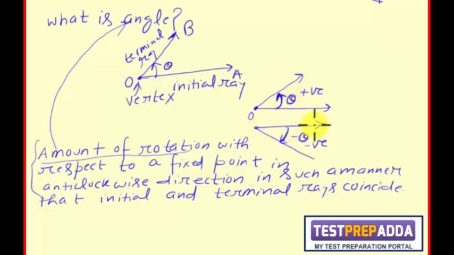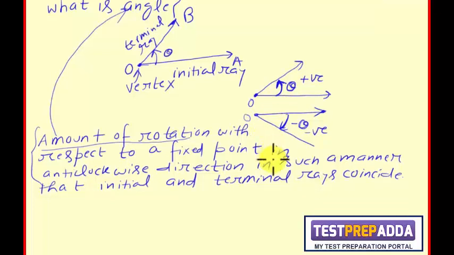If the initial ray is rotated about this point O in the clockwise direction, then the angle will be taken as negative.